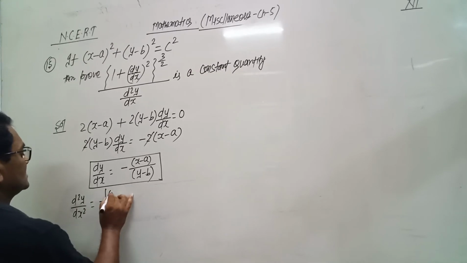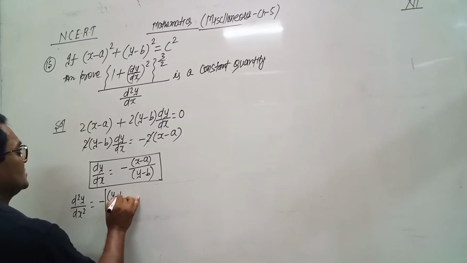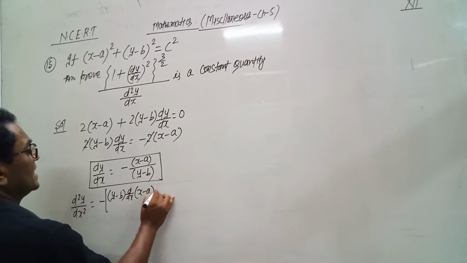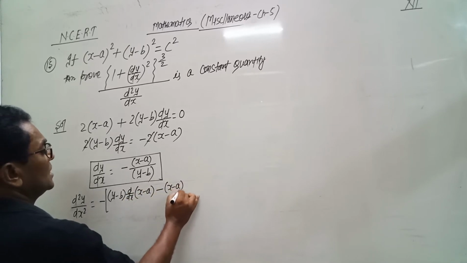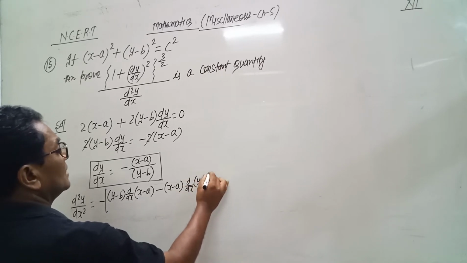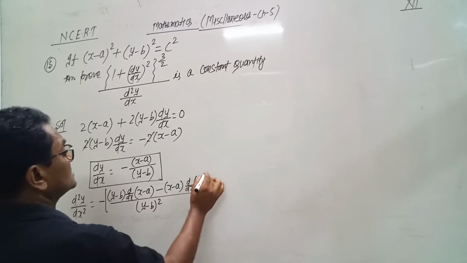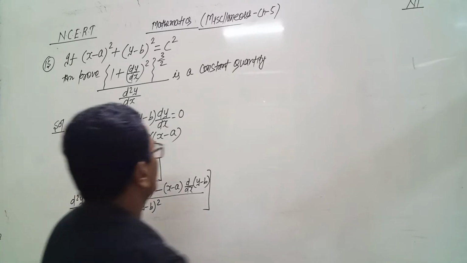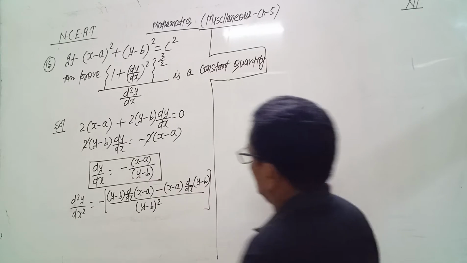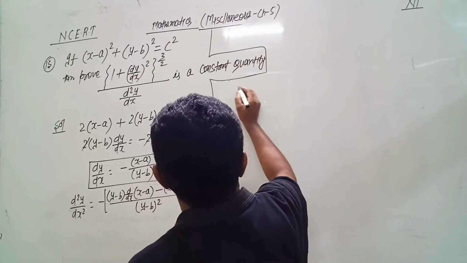So u is x minus a, v as it is, y minus b as it is, and d by dx of u, minus u as it is, and d by dx of v, and upon v square, means (y minus b) the whole square. Now firstly we will differentiate.